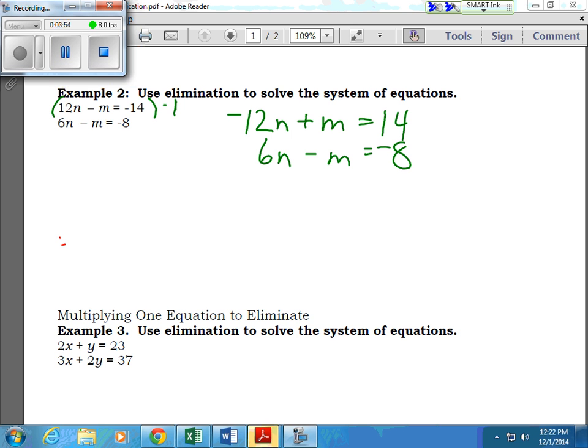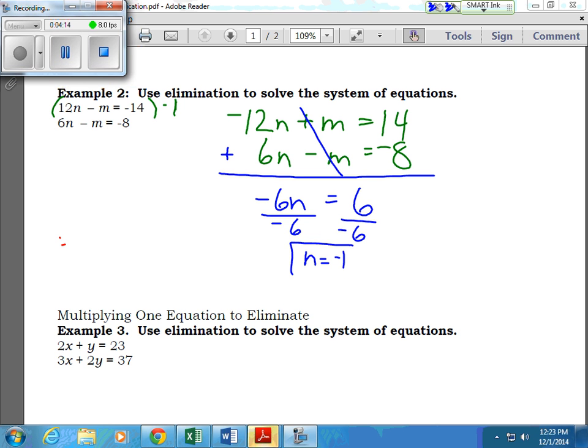Now I can add the two equations together. The m's will zero out. I'm left with -6n equal to 6. And so I'm going to divide by -6 on both sides. N would be -1. Take that again and plug it back into one of the two equations.